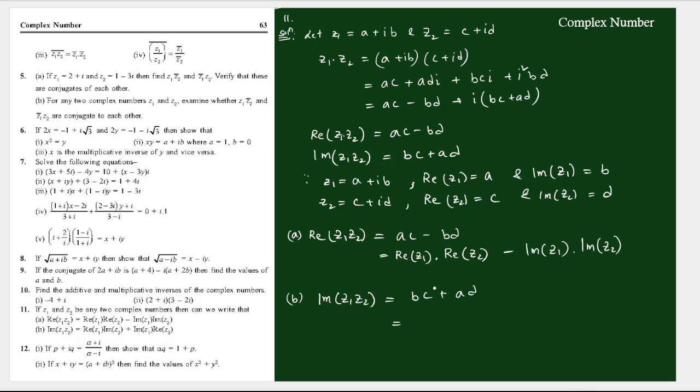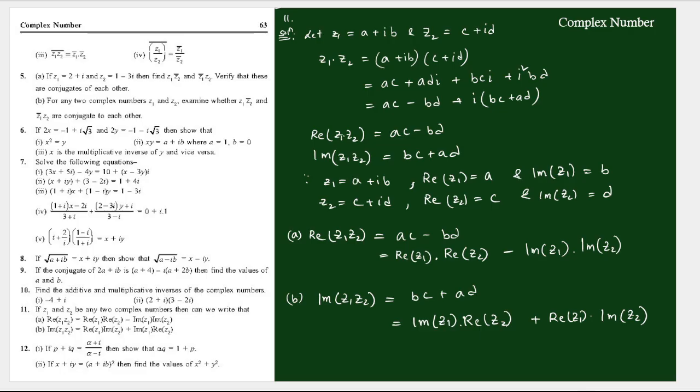Then. Okay, let's write down. So imaginary part of z1. c क्या है? Real part of z2. Plus a क्या है? Real part of z1 into d क्या है? Imaginary part of z2. क्वेश्चन के साथ मिला हुआ अभी.